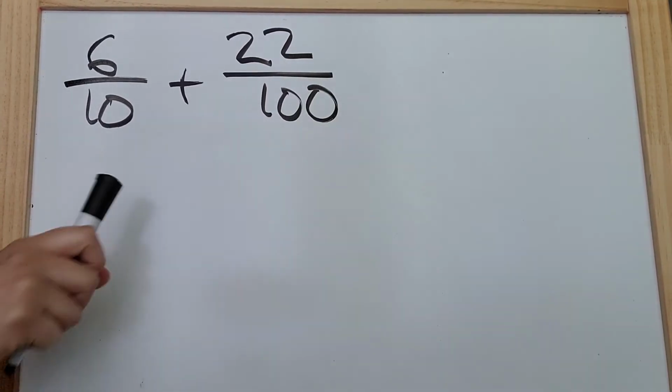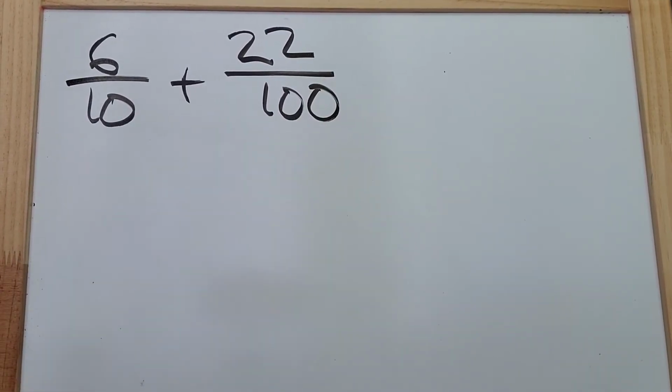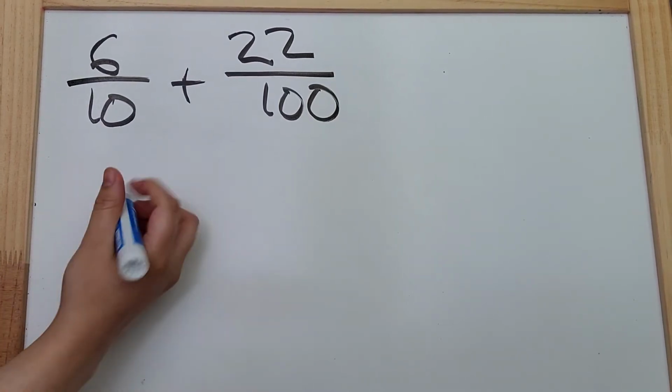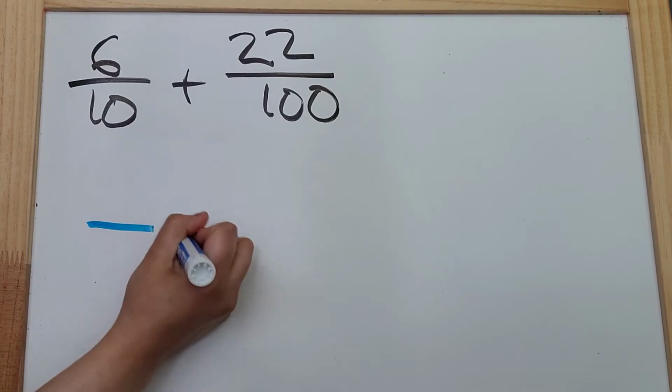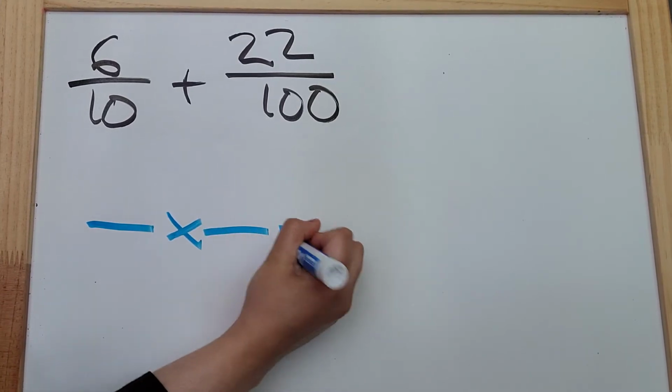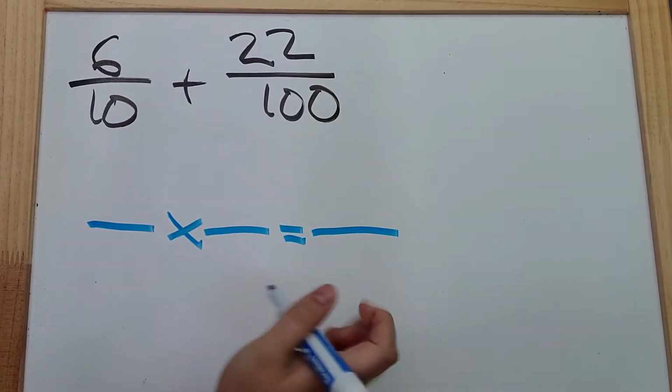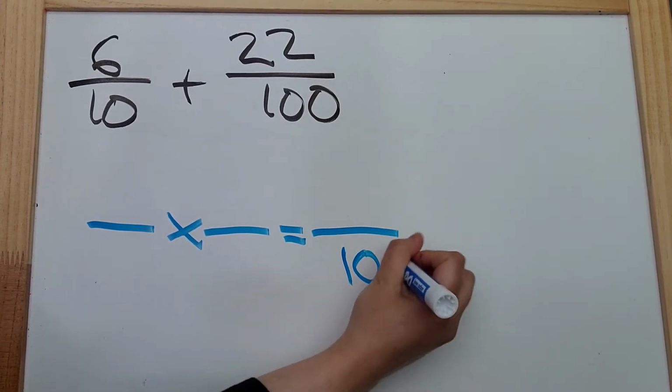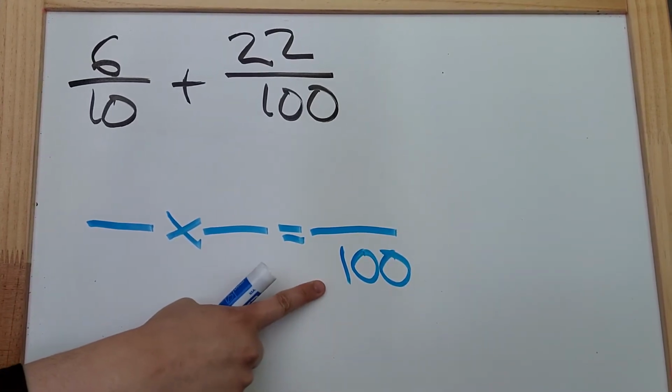We talked about the common denominators, and the equation that we have been using thus far is something times something equals your last part, which should end with the denominator of 100.